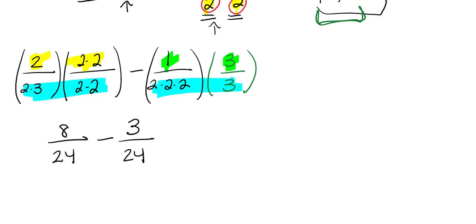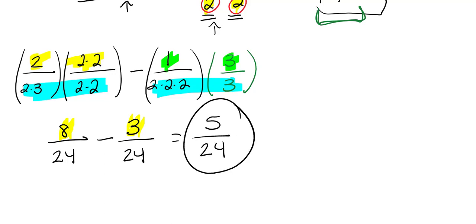So we just subtract the top numbers, and we're going to keep the denominator. So 8 minus 3 is equal to 5. And then this is over 24. And this is our final solution.